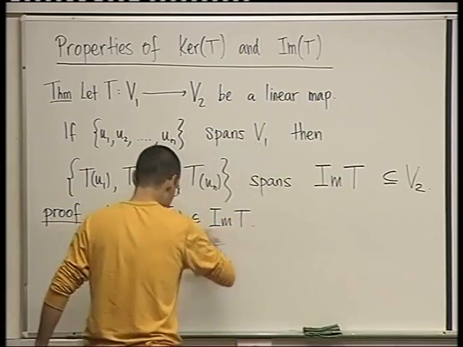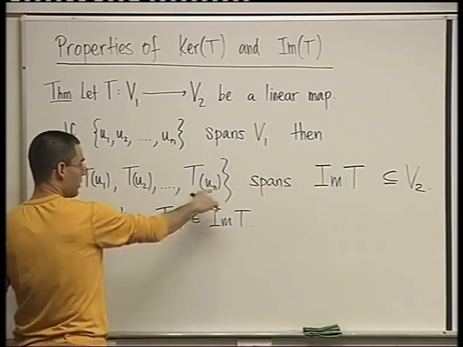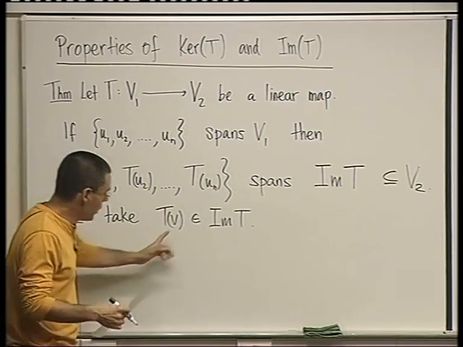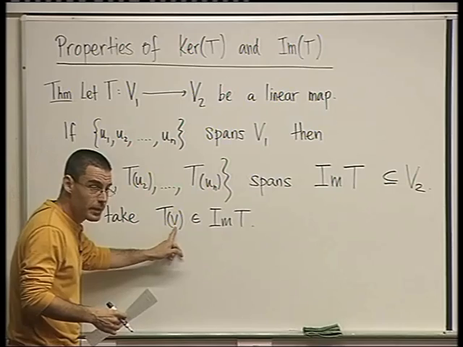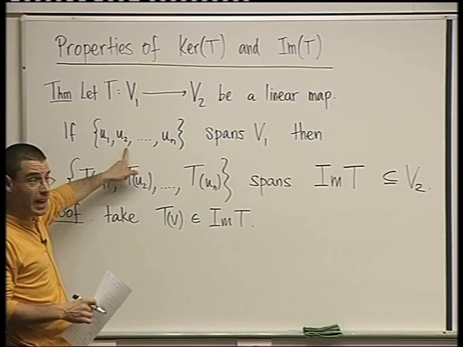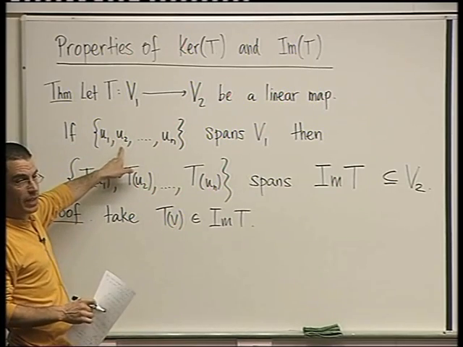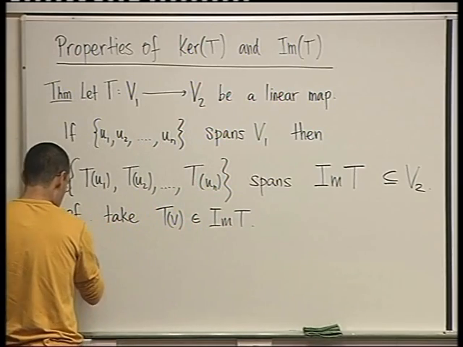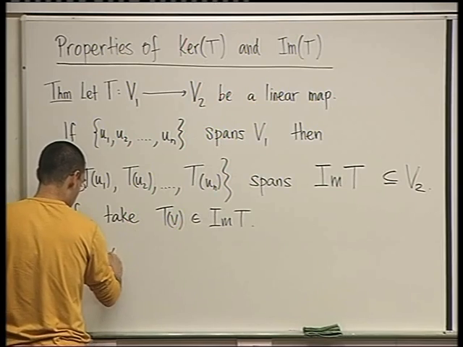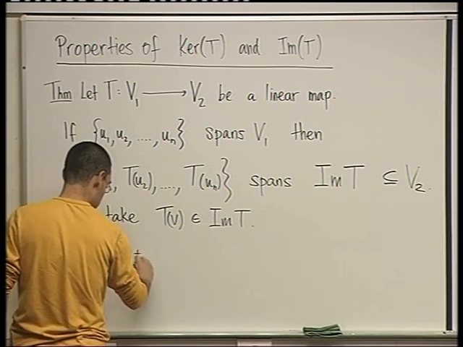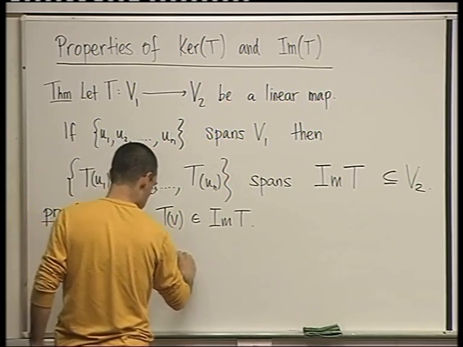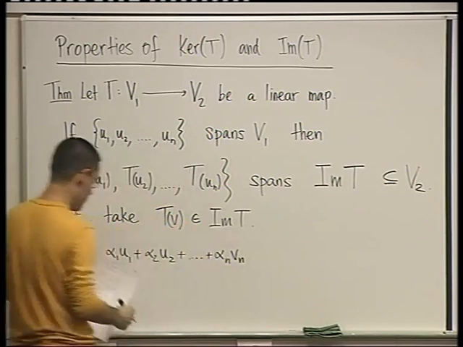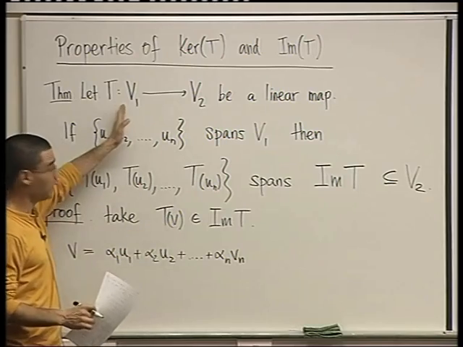I want to show that T of V is a linear combination of these guys, right? What do I know? I know that V is a linear combination of these guys, because this is a spanning set, right? So V equals alpha 1 u1 plus alpha 2 u2 plus up to alpha n un, because V is somebody in V1.